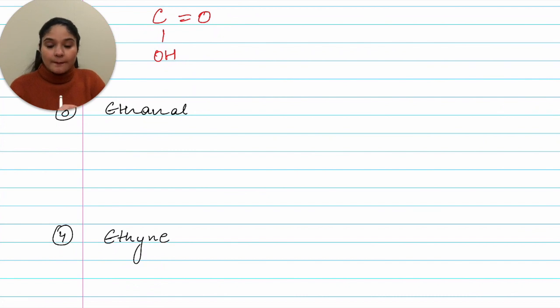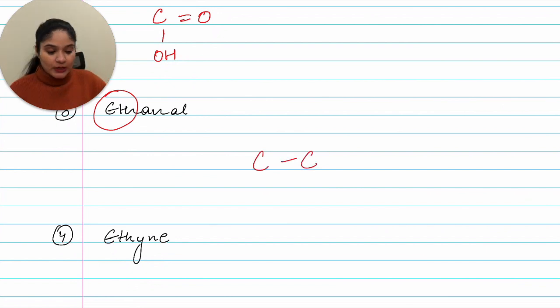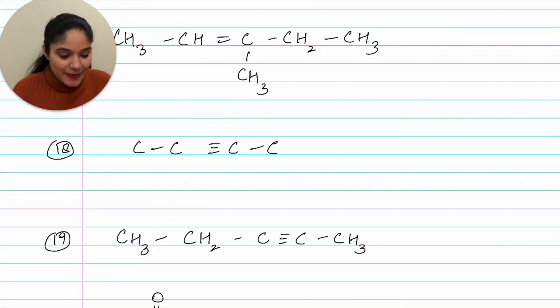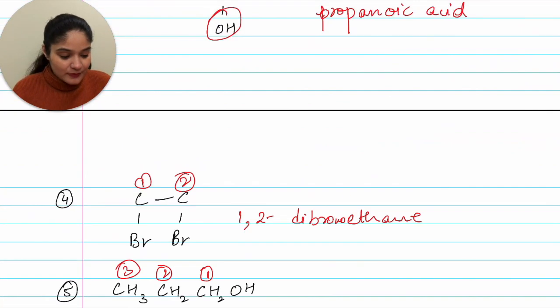Ethanal. Eth means 2 carbons, 1 and a 2. An means single bond carbons, no issues. Al was aldehyde. Do you remember what functional group you are supposed to write? Let me show you.